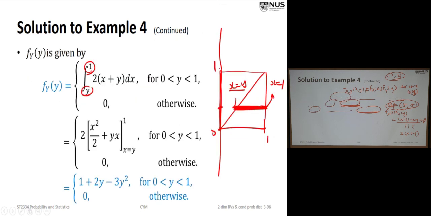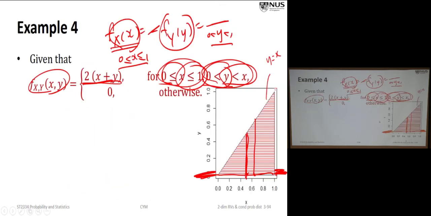Let me go back to this one. If you take a point, let's say 0, 2, where x equals 0 and y equals 2, then what is f of x,y? It is 0. Then f of y is 0. F of x at 0 is questionable.